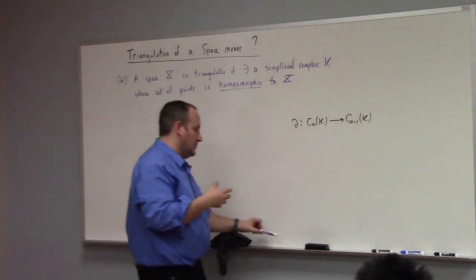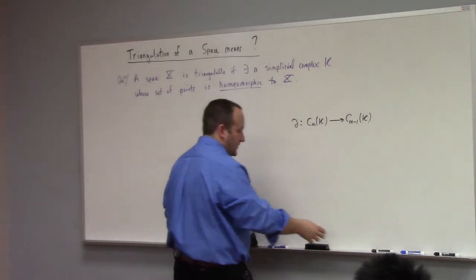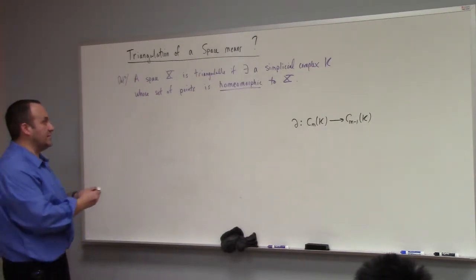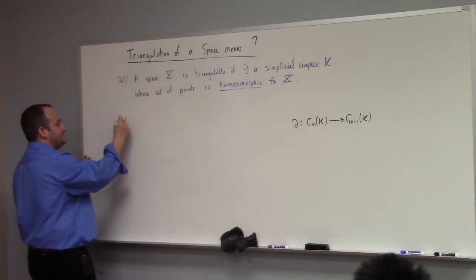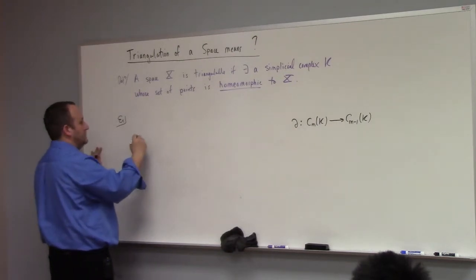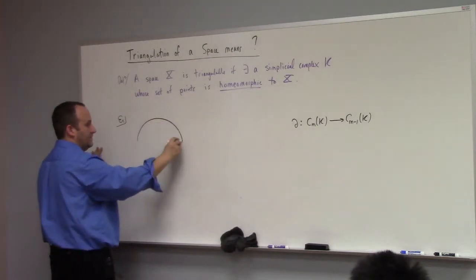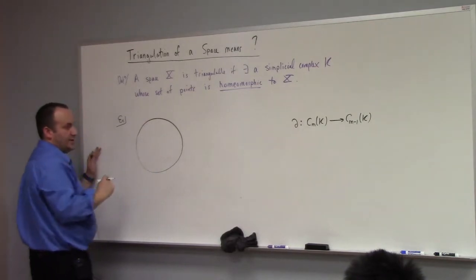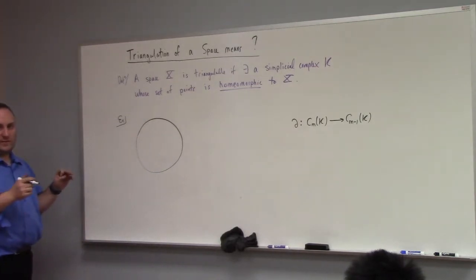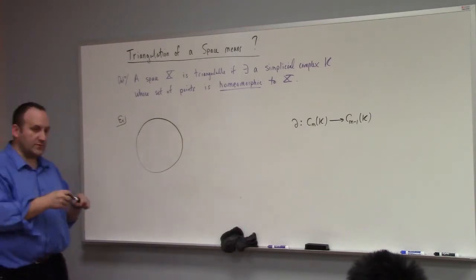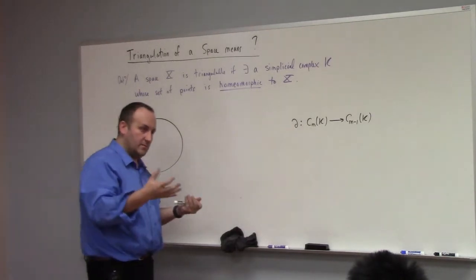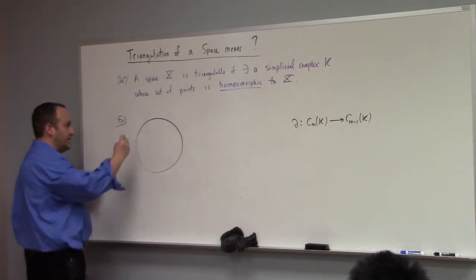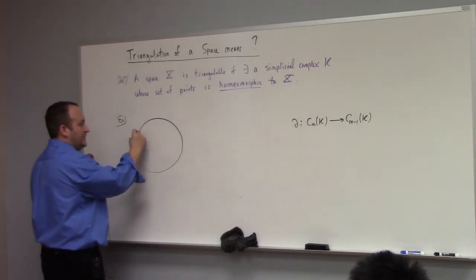So, homeomorphism, of course, allows continuous transformations, right? For example, a circle is triangulable, because we can envision the map that goes from the triangle, not the shaded-in triangle, but just the edges of the triangle.